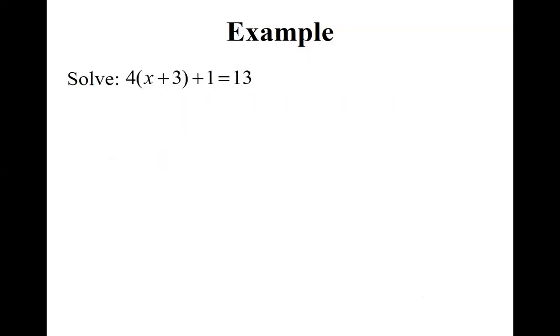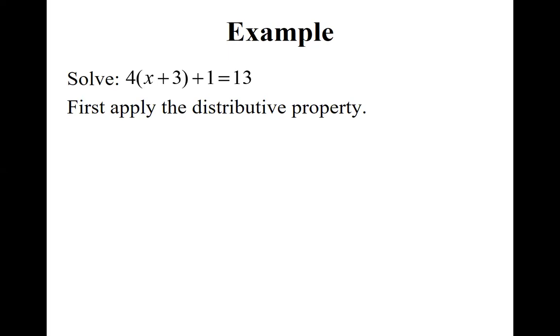So once again, let's apply that to this problem. 4 times the quantity x plus 3, plus 1 equals 13. Let's start by getting rid of the parentheses. 4 times x is 4x. 4 times positive 3 is positive 12.